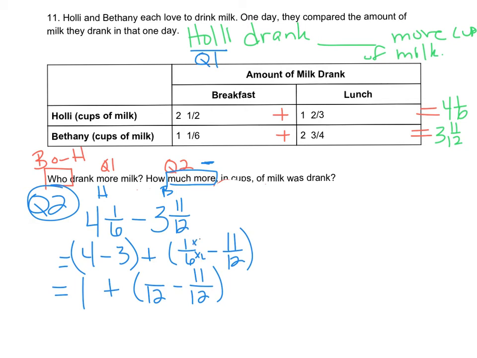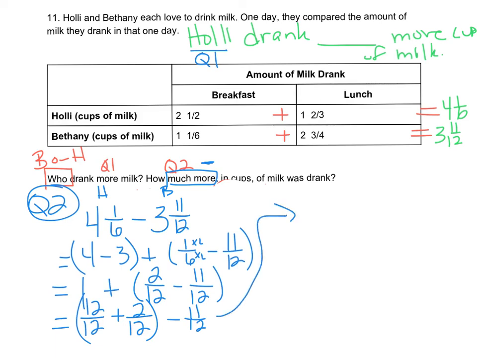And what I do in the denominator, I do in the numerator. 1 times 2 is 2. 2 minus 11. I can't do it. So I'm going to convert that 1 whole to a fraction, which is 12/12, because the numerator and denominator match when it's 1 whole, plus my 2/12, and then I'm going to subtract the 11/12 after I've gotten that 2/12 larger than 11/12.